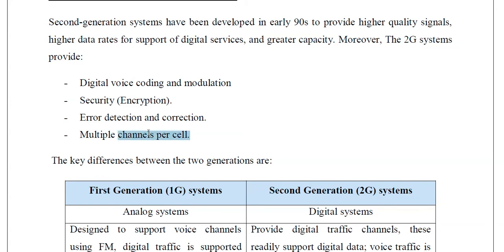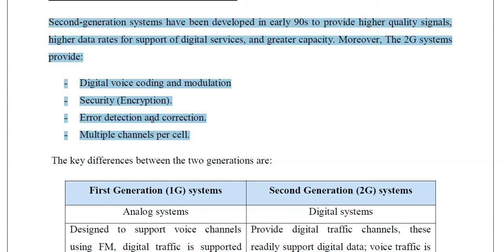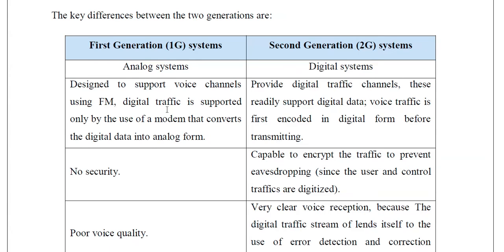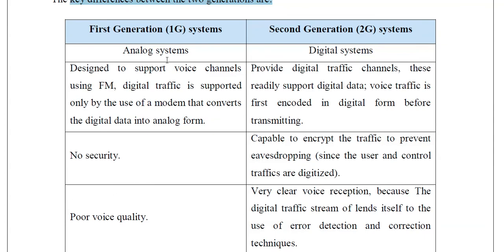So if I ask you to define the main characteristics of the second generation systems, you list these 4 points. If I tell you compare between 1G and 2G, or what are the differences between the two generations, the answer is this table in 6 points.